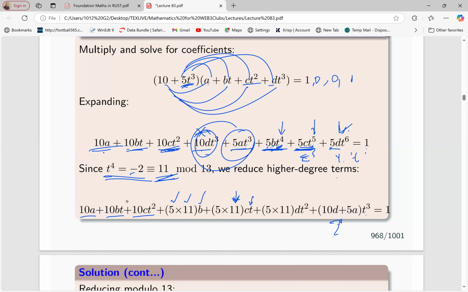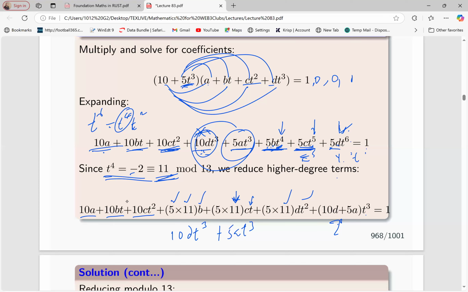Then 5dt raised to 6. t raised to 6 is t raised to 4 times t raised to 2. But t raised to 4 is 11. And then t square. Now the ones I skipped are 10dt cubed plus 5at cubed.